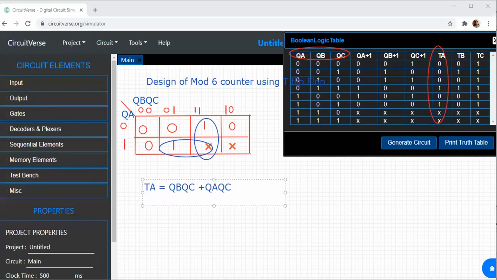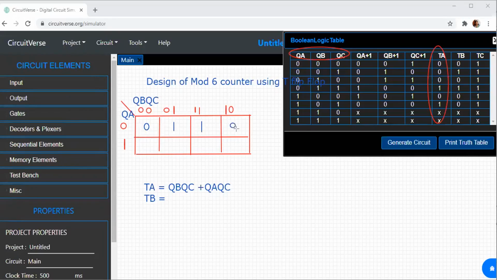Similarly, we have to solve for TB. I'll leave that as an assignment. Again, if you plot TB values, I'll just show the K-map for TB. Now if I plot TB values, here I'll be having 0, this is 1, this is 1.